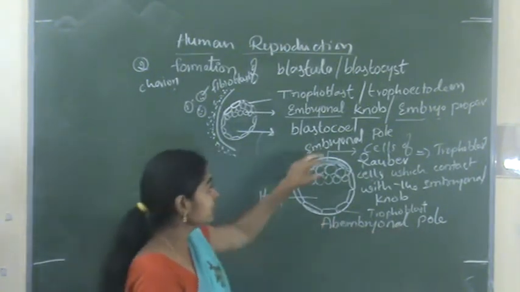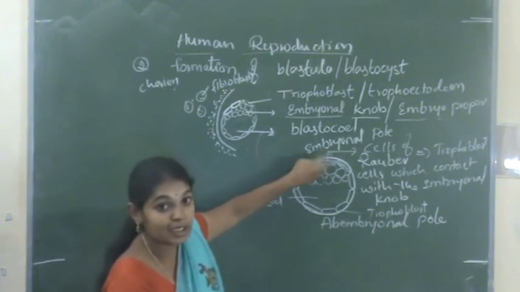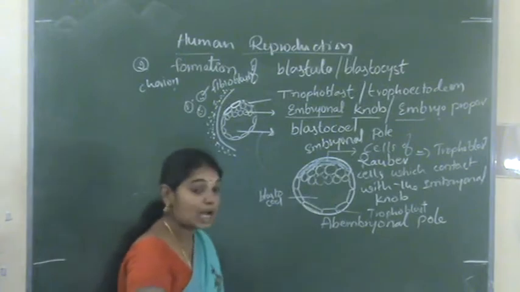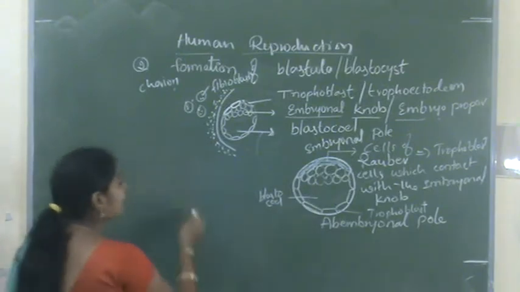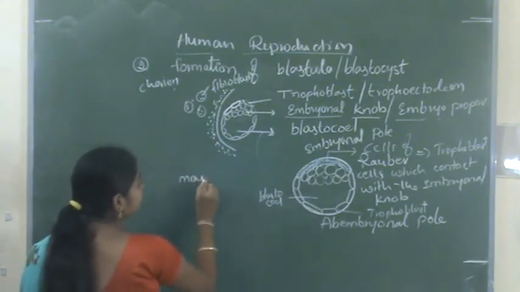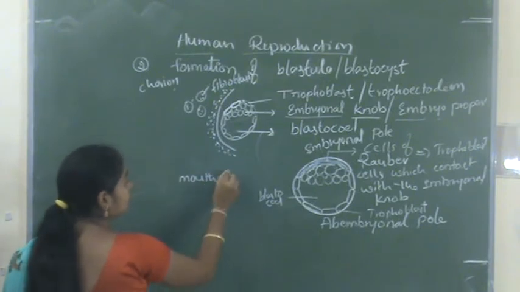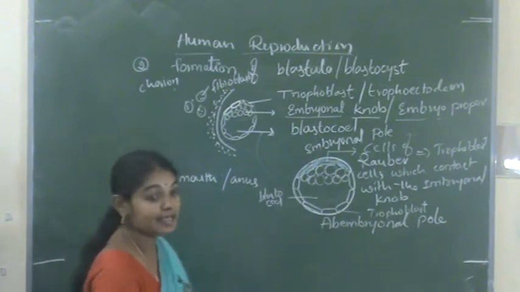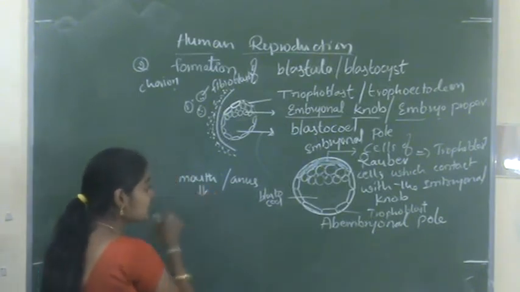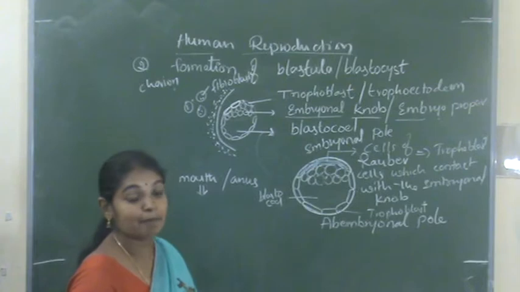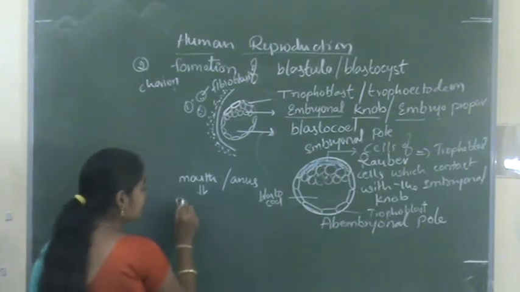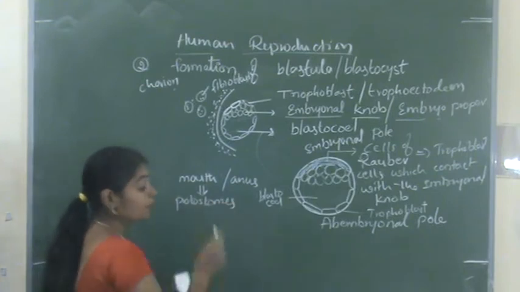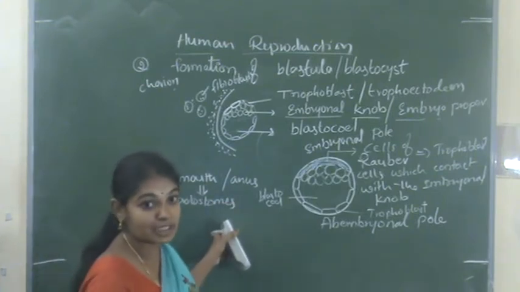So here is the embryo proper and here the blastocoel is present. And this blastopore forms either the mouth or anus. If it forms the mouth first, these types of animals are known as protostomes. Stoma means mouth.